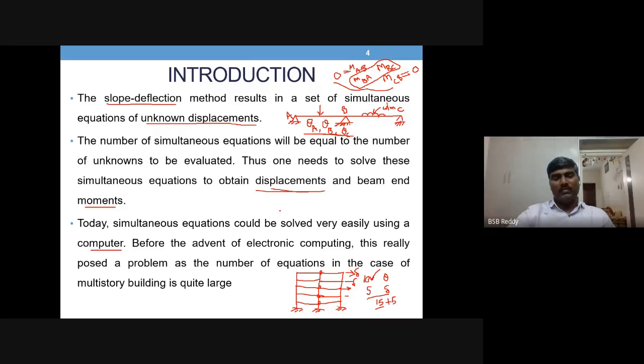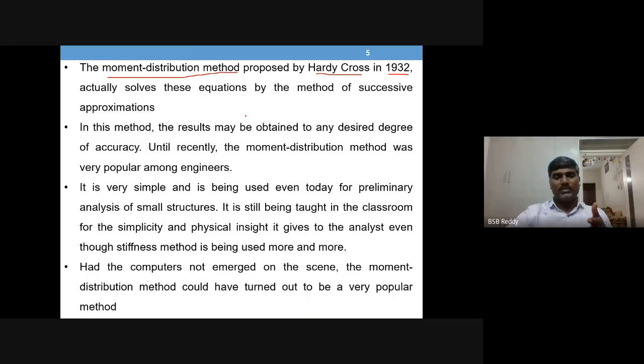He has simplified the procedure of solving these simultaneous equations. The very difficult part is solving the simultaneous equations. That part, if you skip it and replace it with some easy way, you can easily solve the structure. That is what his thinking was.